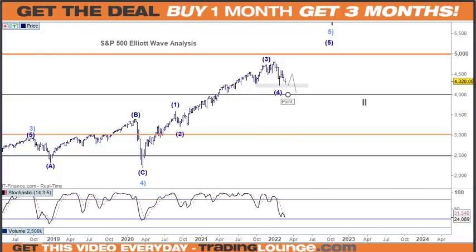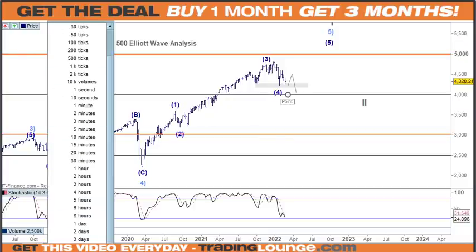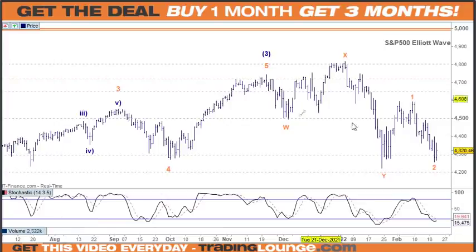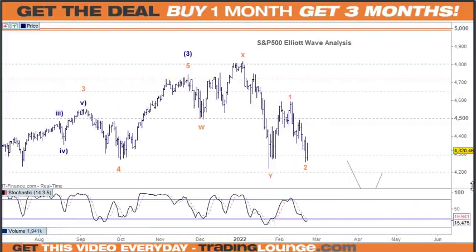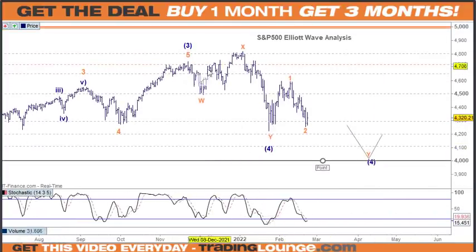So let's just go into the daily chart. Now this has been the original count here with a WXY here, and then looking at this as one with an A and a B and a C for wave 2. Now I have to say, why that stays in play, and we looked at this yesterday, is that the market can move up from this point.